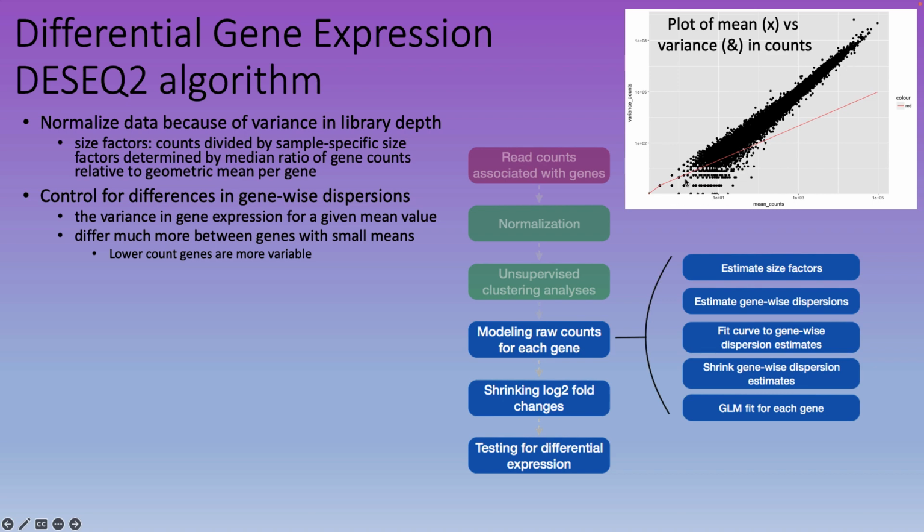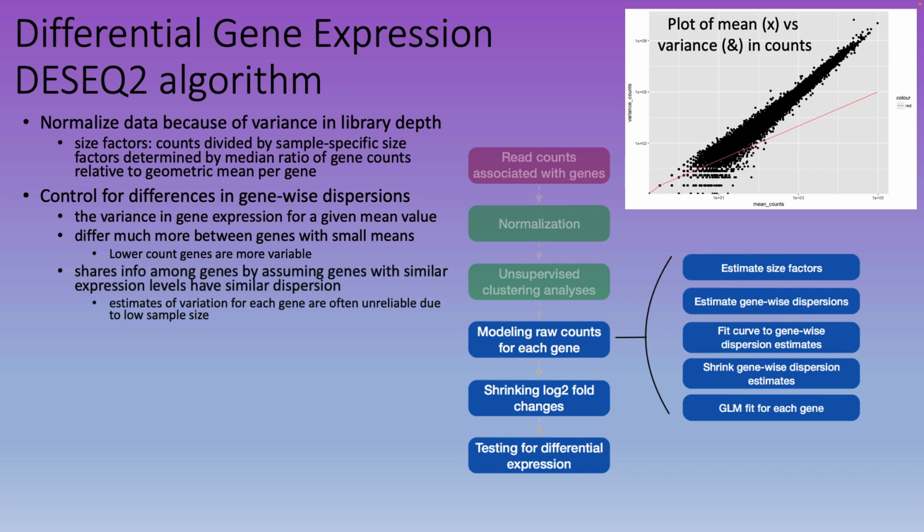At low values, we see that gene counts are a lot more variable. Because of this, we can't assume that sort of variation is consistent across all samples. We have to account for the fact that when we're looking for what's a significant difference, we might need to treat it differently when we're talking about things that are lowly expressed versus things that are highly expressed.